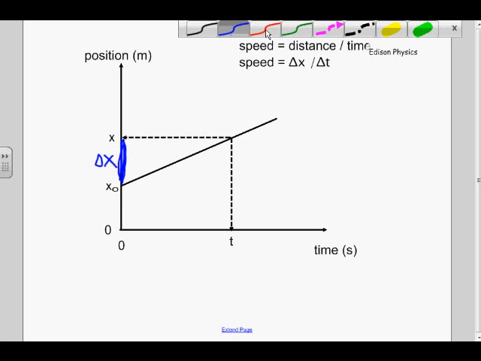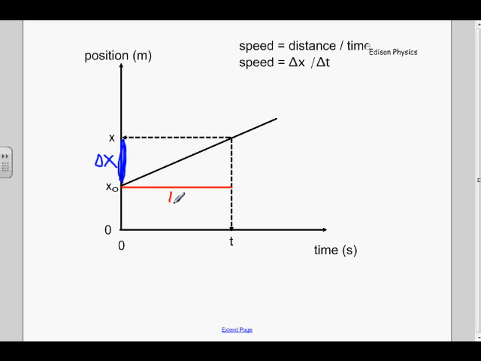What is delta t? Well, delta t represents from start to end. The red line is delta t. Okay, maybe we're not used to seeing it this way. Let me think about delta x again. Delta x could also be this over here, right?